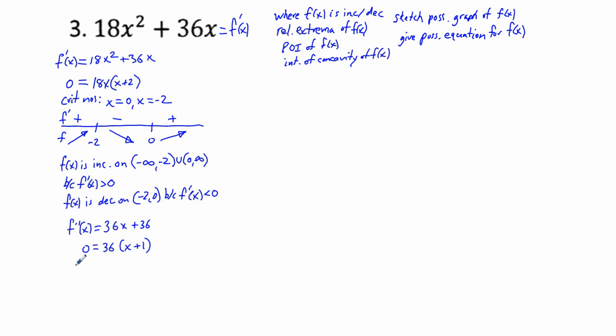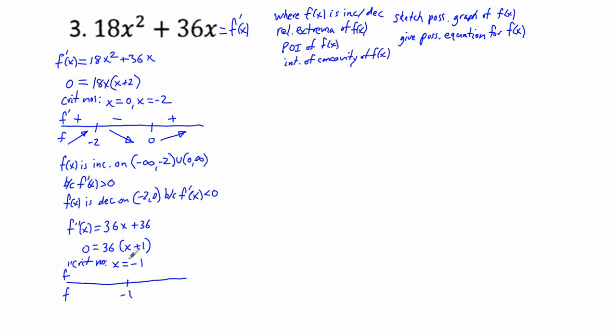So for concavity, we have a critical number of x equals -1. I'm going to draw another number line, with -1 in the middle, f double prime above and f below.